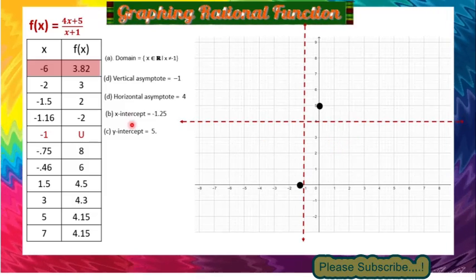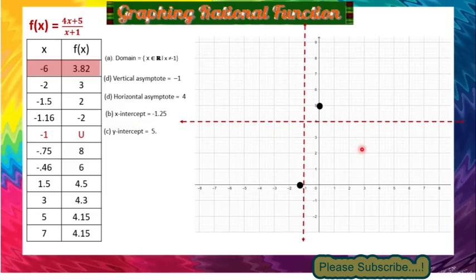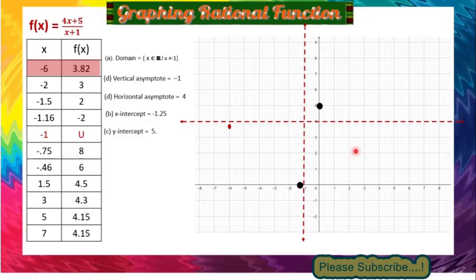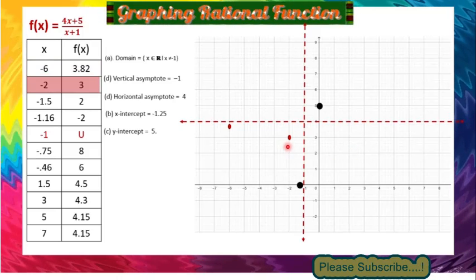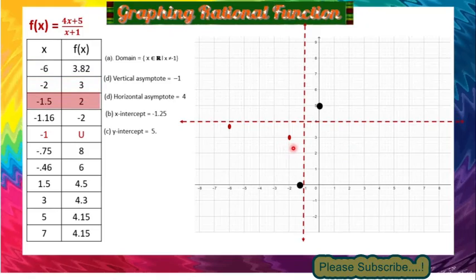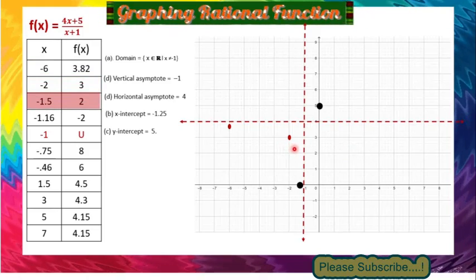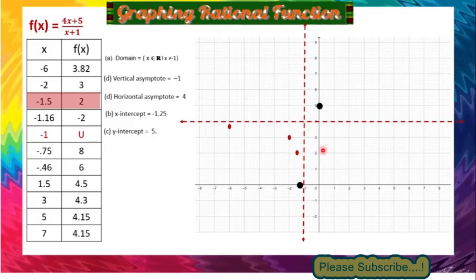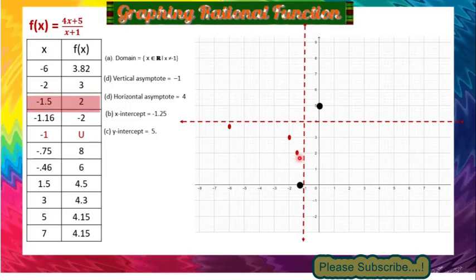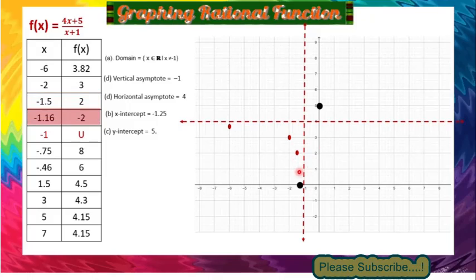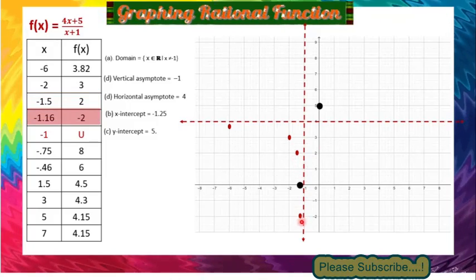Okay, for this one, for negative 6 and 3.82, that point, then that one, this point, then that value, negative 1.5 and 2 here, then this one also here.